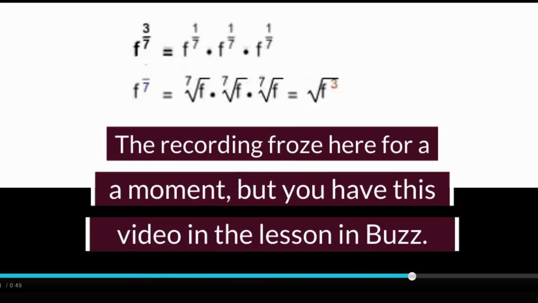When radicals of the same root are multiplied, the terms inside the radical are multiplied. But it is important to remember that the numerator of the fraction becomes the exponent on the radical. So f to the 3/7 power is equivalent to the 7th root of f cubed.